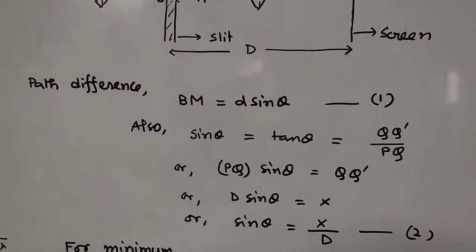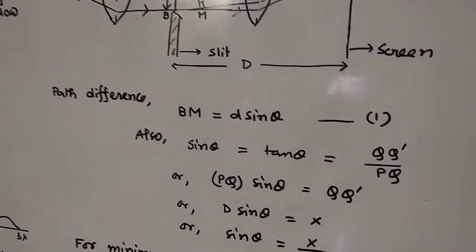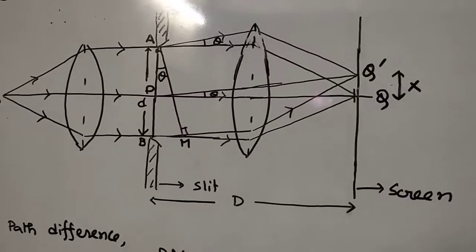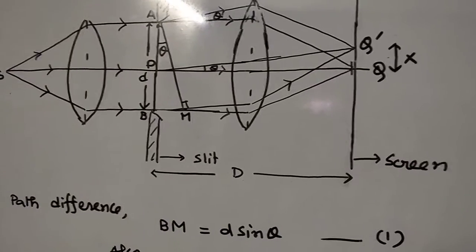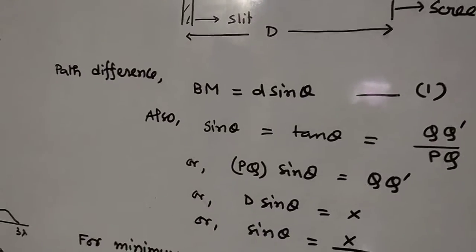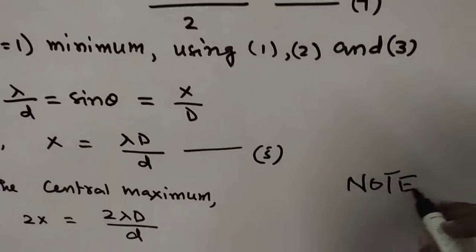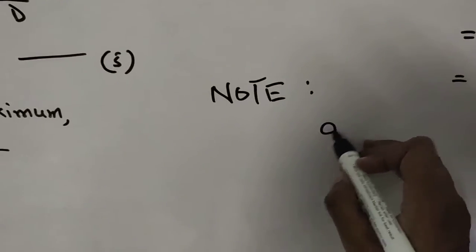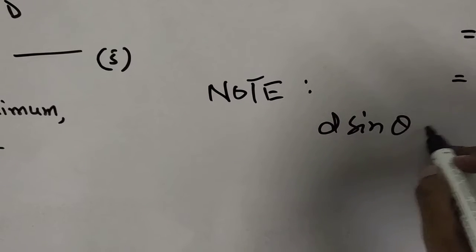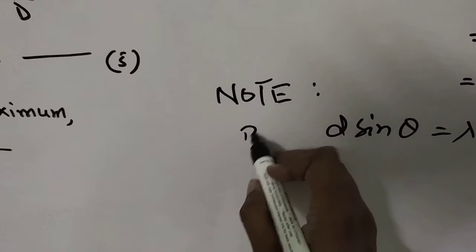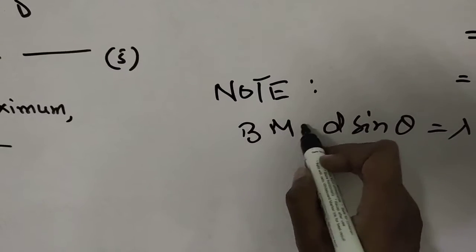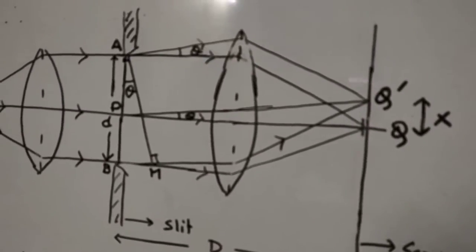So when the path difference is nothing but the wavelength of the light, then Q dash comes out to be a minimum, and that is the first minimum. Now let me try to explain it here. It says that d sine theta equal to lambda, that is the path difference, as BM equals d sine theta. It is found that Q dash is a minimum.